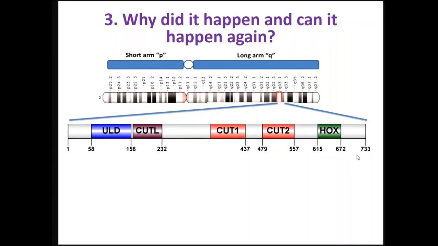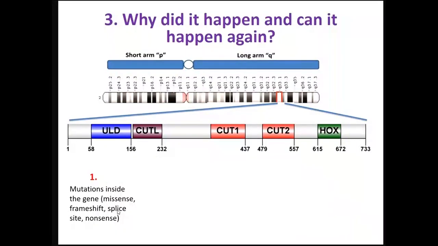So how do you get this syndrome? There's really, for simplicity purposes, 4 different ways that you can get it. You can have mutations or misspellings inside the gene, and you will see words like missense, frameshift, splice site, nonsense.